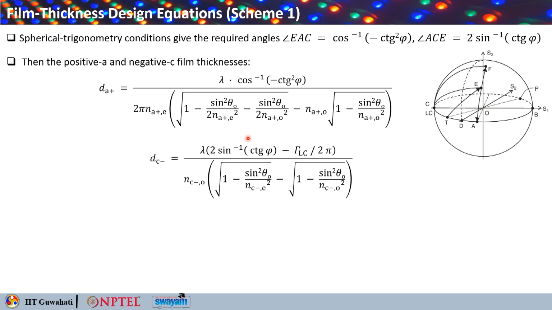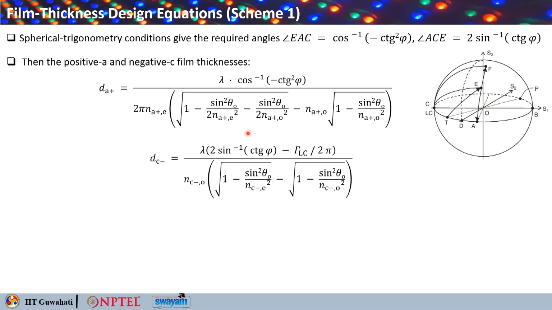A similar expression was also used earlier in the gamma LC. Emphasizing the design inputs, everything depends only on the effective polarizer angle phi, the incident angle theta naught, and the ordinary and extraordinary refractive indices of the two films.